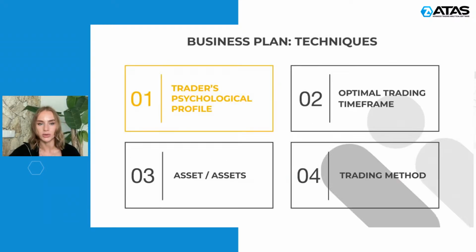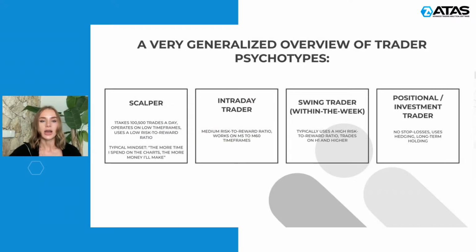and the execution process. The first is a trader's psychological profile. We covered it in our previous 6 webinars, once when talking about risk management. So we are not going to stay here a long time, but I'm just going to quickly remind you that the traders' psychological profile, the traders' psychotypes, are extremely important because they determine which approach you're going to take and which approach suits you the best.